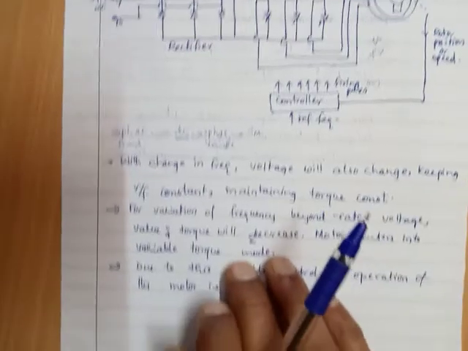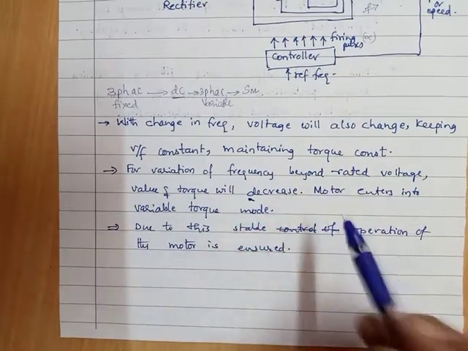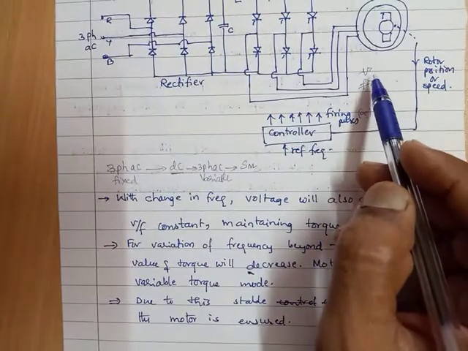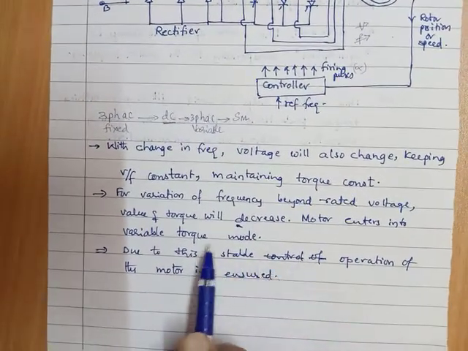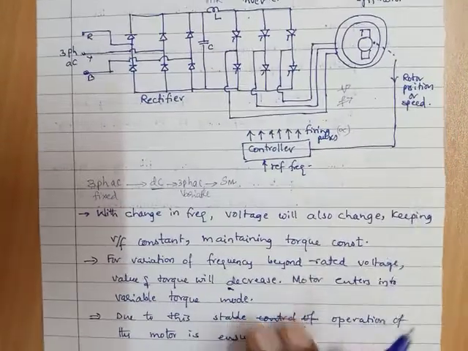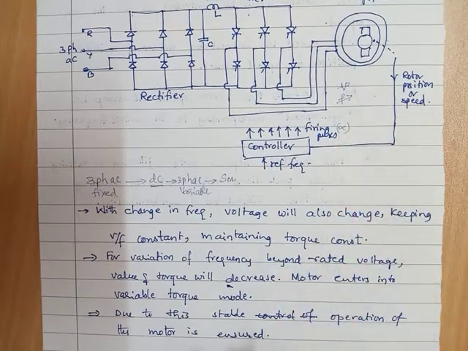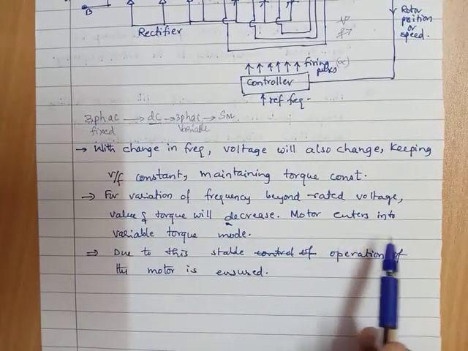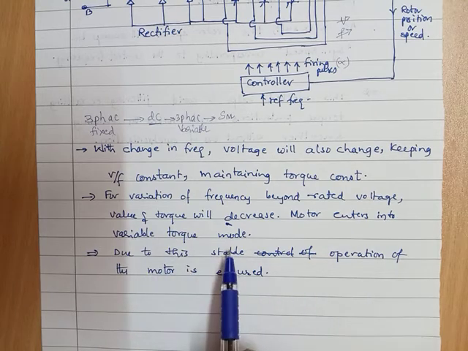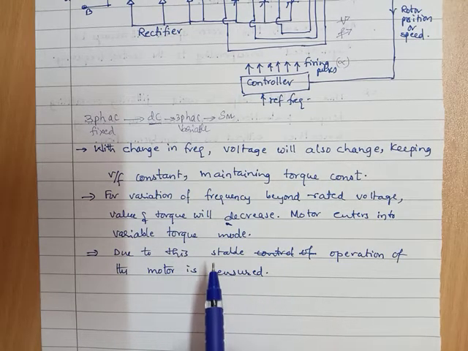If we make the frequency more than the one corresponding to the rated voltage, then the torque will decrease because V by F will decrease, and the synchronous motor enters into variable torque mode. The torque will not remain constant. This is to be kept in mind.